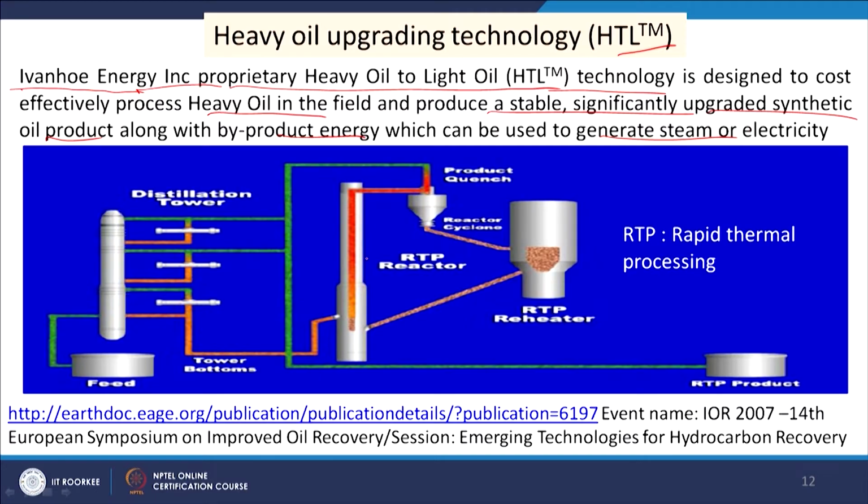In this case, this is the main reactor where sand is used. So, heated sand comes in contact with the crude and then cracks the hydrocarbons, and then the lighter parts go there. So, this is the rapid thermal processing method, this RTP, rapid thermal processing reactor.